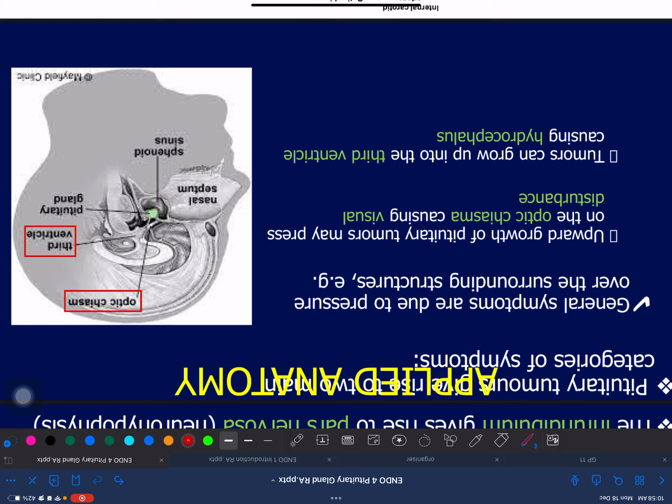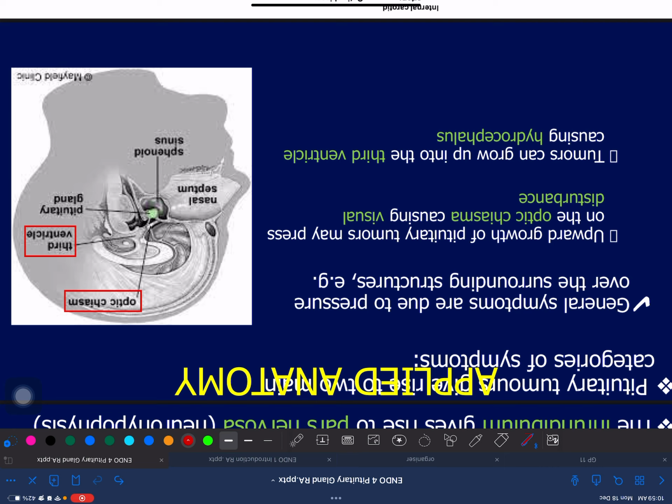The tumor can also go up into the third ventricle, causing hydrocephalus. This is the third ventricle. In the second semester CNS lecture on CSF, one part of the CSF system is called the third ventricle. Anything that obstructs the CSF can cause hydrocephalus.